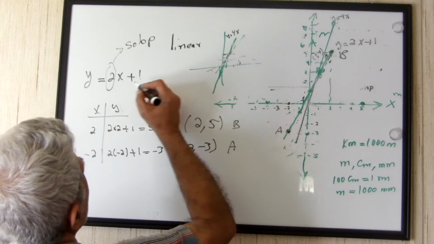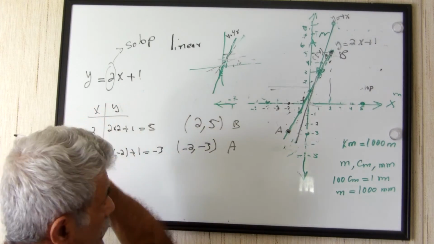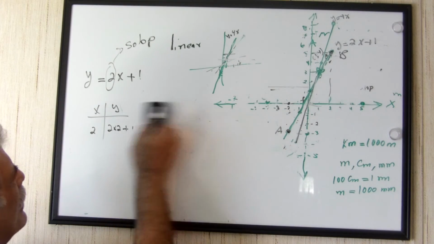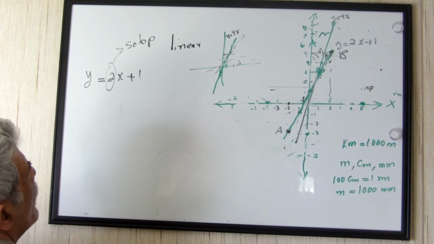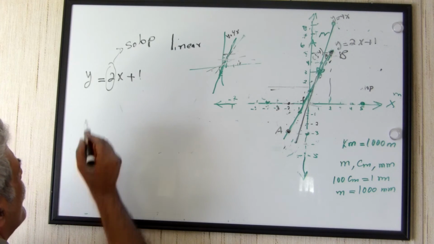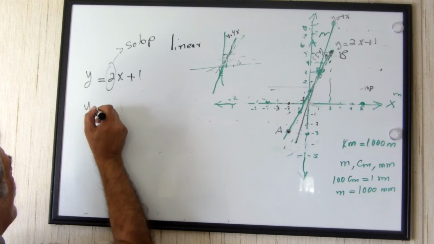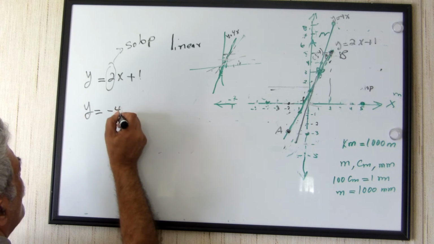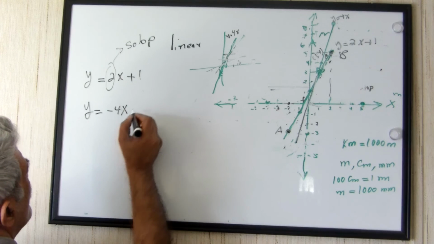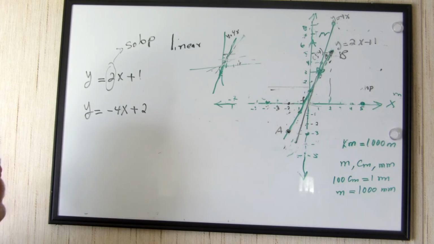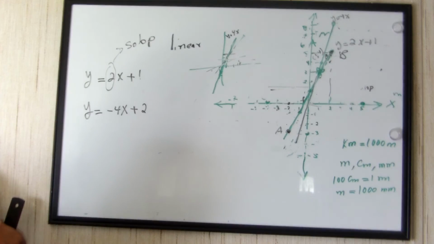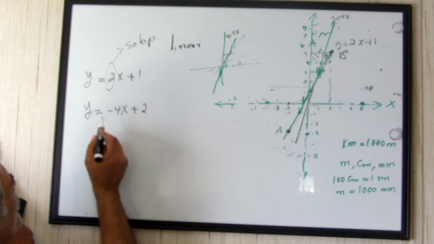It is the coefficient of x. The coefficient of x shows what the slope is. If y is equal to minus 4x plus whatever, this minus 4 is the slope of this function.